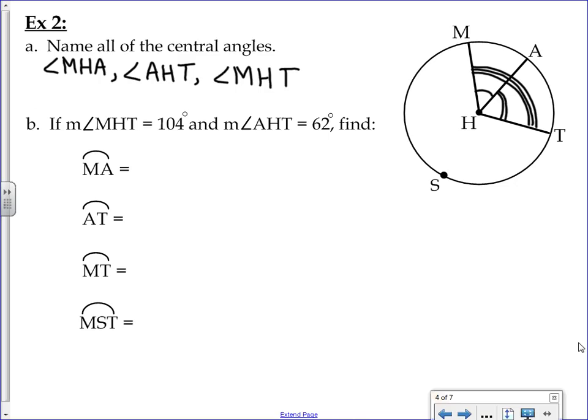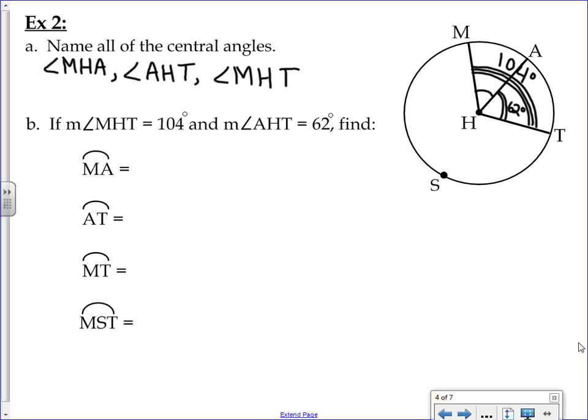Well, let's focus on 2 of the central angles. So let's start with, if the measure of angle MHT is 104, so MHT is that entire central angle. So if this whole thing is 104 degrees, and we're given that angle AHT, which was the smaller one on the right-hand side, is 62, we're now going to find all these arc measures.